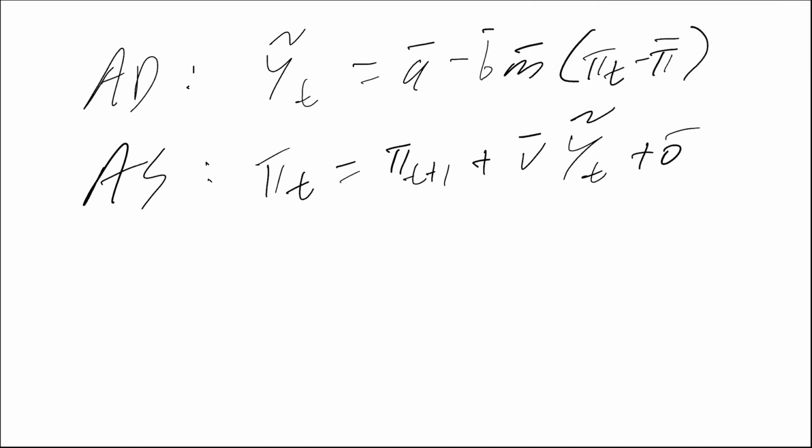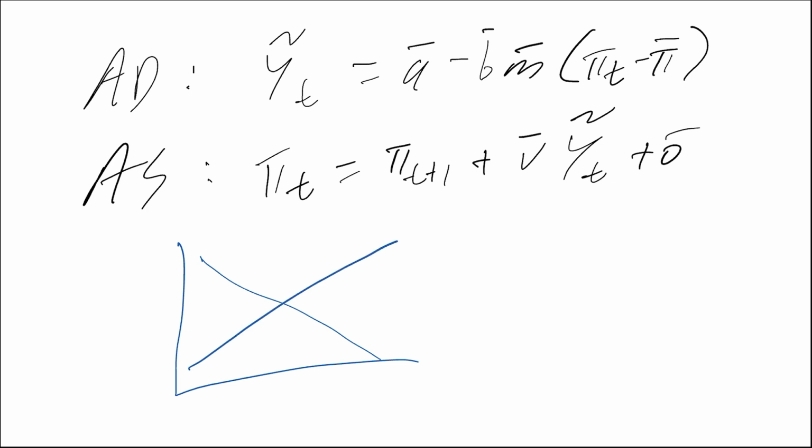And so the basic idea is we are going to have something that looks a lot like supply and demand. The difference here is we're looking at output relative to potential on the x-axis in the overall economy, and we're looking at inflation here on the y-axis. And so we should have some equilibrium here. This is our aggregate supply curve. As output goes up, inflation goes up, or as demand goes up, inflation goes up.